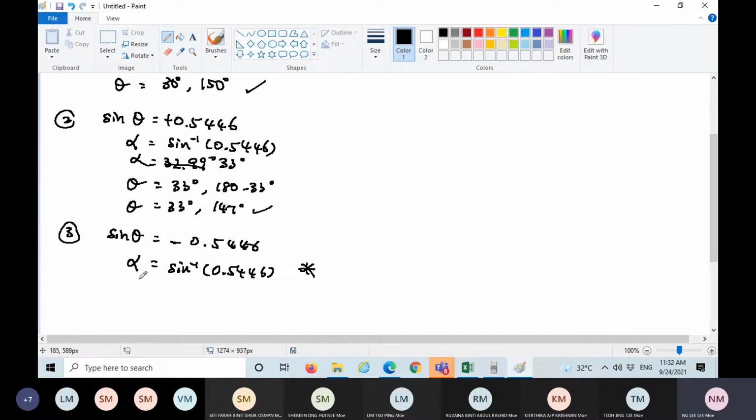This is because you are not getting the answer, you are getting the reference angle first. So shift sign with a positive 0.5446, you'll get back the same thing, which is 33 degrees. Now we come back to this.